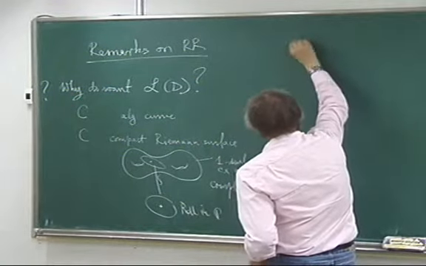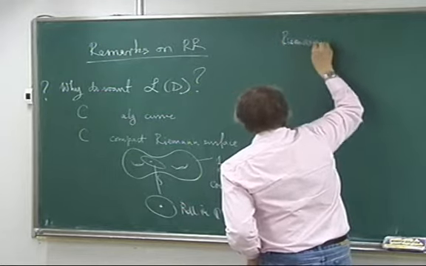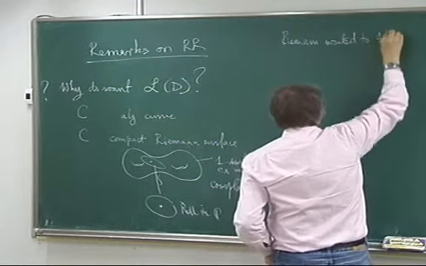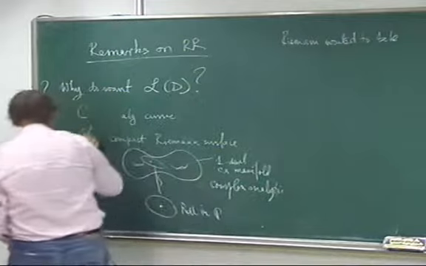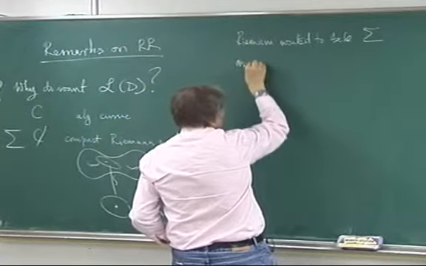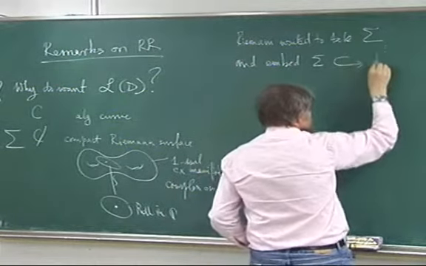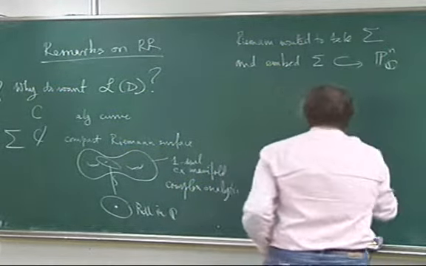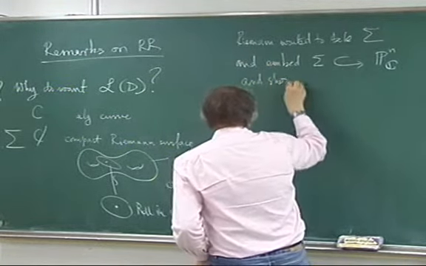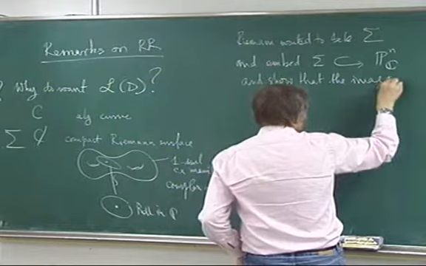And so Riemann wanted to take, so let me call this guy sigma, to take sigma and embed sigma into P^n C, and then prove and show that the image is an algebraic variety.